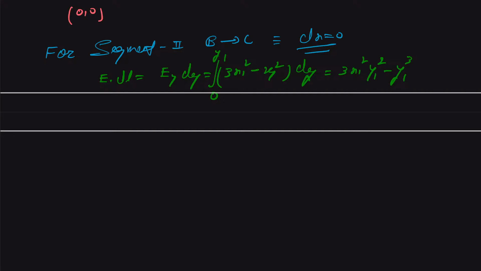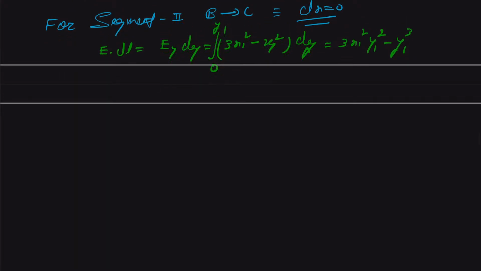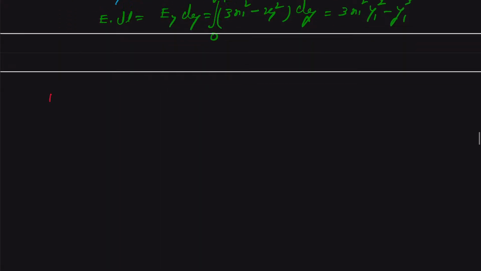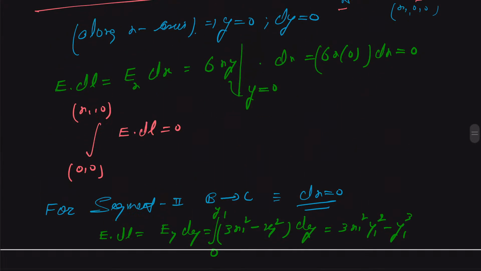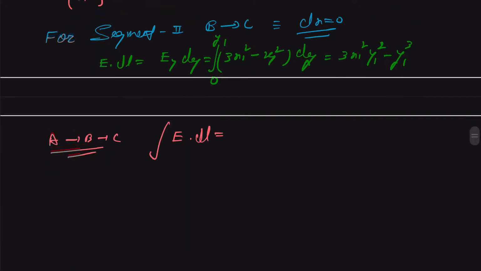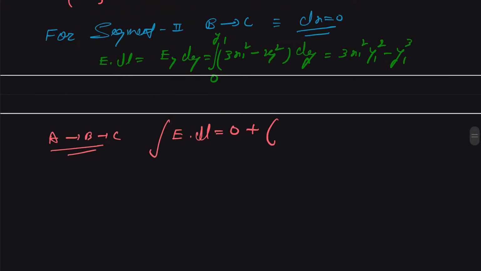So it means for this entire path A to B to C, the line integral will be equal to the summation of the two. The first path is giving us 0, so we get 0 plus 3x1 square y1 minus y1 cube.